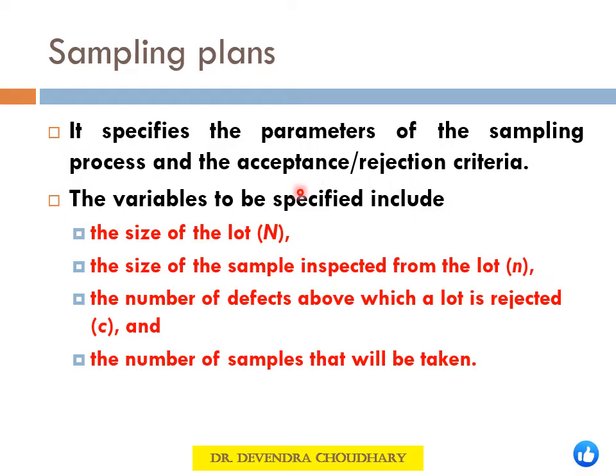The important parameters to be specified in a sampling plan are the size of the submitted lot, that is denoted by capital N, the size of the sample to be inspected from the lot, small n, the number of defects above which a lot is rejected, also called acceptance number C, and the number of samples that will be taken to decide whether to accept or reject the lot.